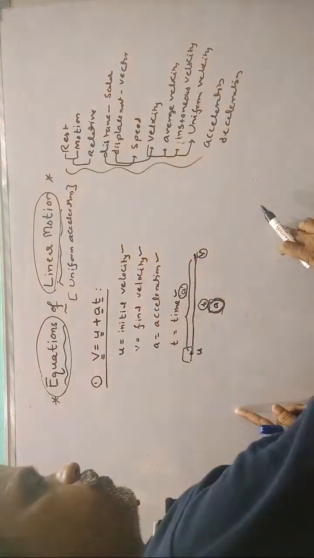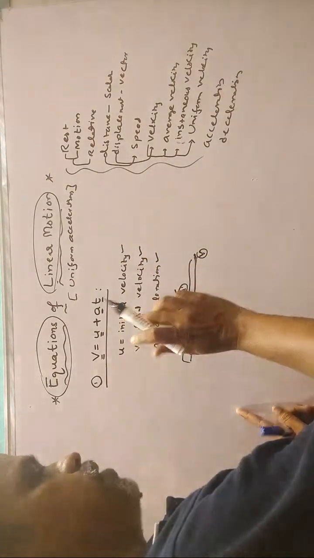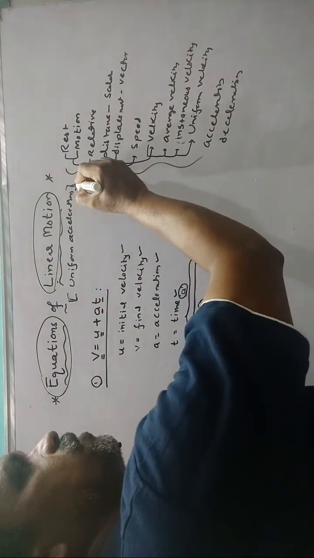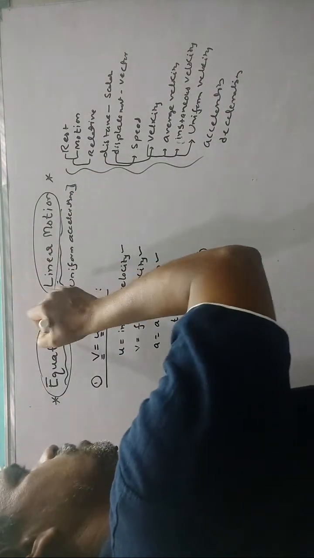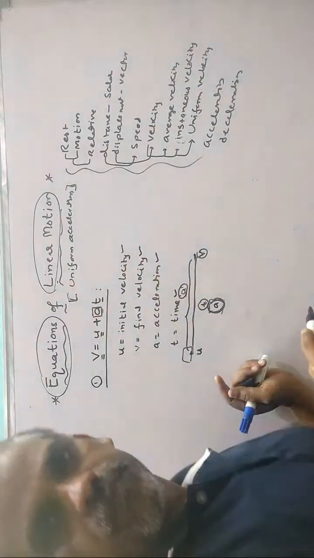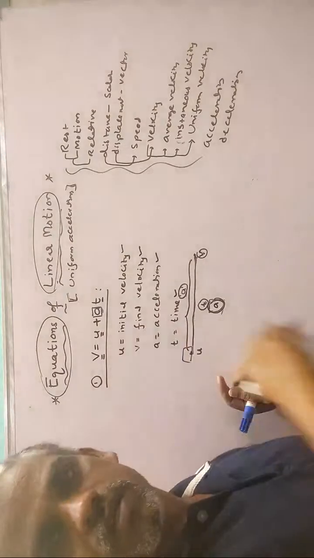Copy this figure too, and mention in brackets uniform acceleration. We can apply these equations to uniform acceleration bodies only. a should be constant in all the equations. This is the first equation.